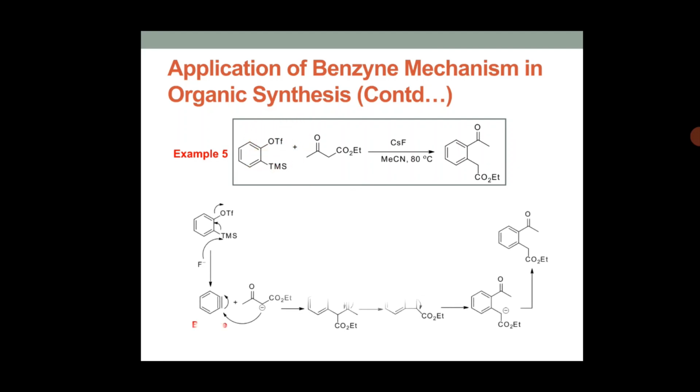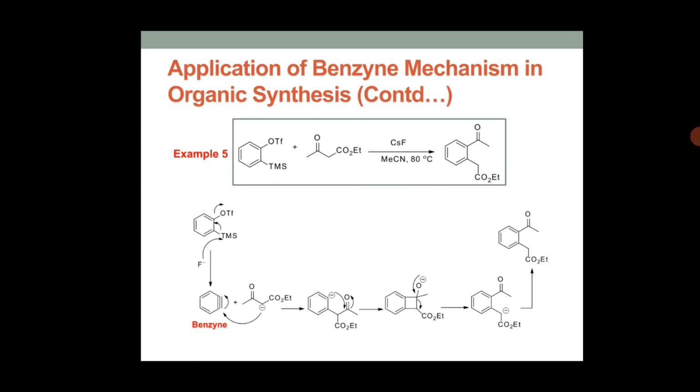Let's look at the mechanism. See, the fluoride abstracts the silyl group, and as soon as the silyl group is abstracted, we get a benzyne intermediate like this, as the OTf group leaves easily.